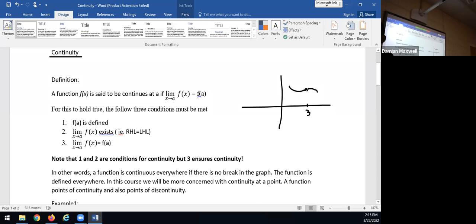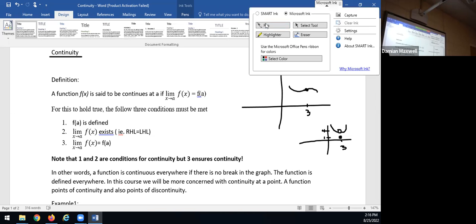Just an idea. I'm going to give 2 examples. I'm going to put another one here. And then let's say at 3, we have a hole here instead. And it looks like this. And then let's say we have a point here, right? Let's say this is 1. And let's say here at the hole, that's 4.